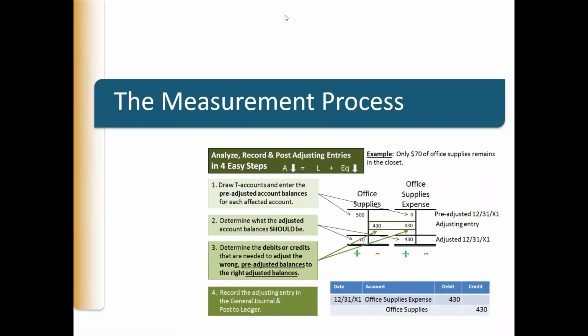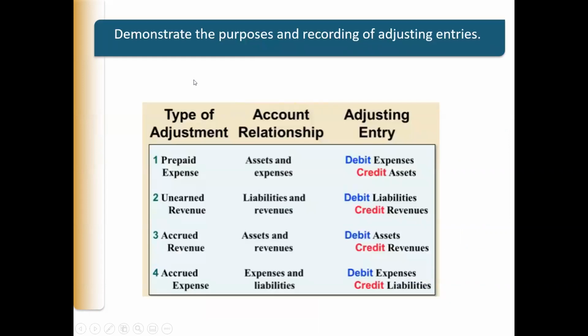Okay. So guys, moving on with this measurement process. What we are talking about here is there will be adjusting entries we are going to need to record prior to creating financial statements.